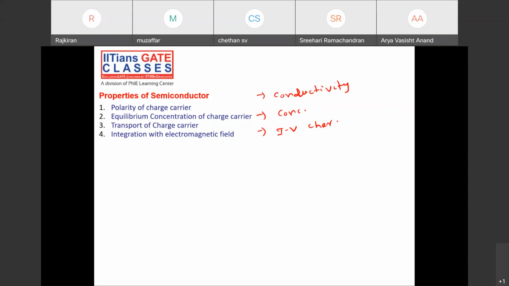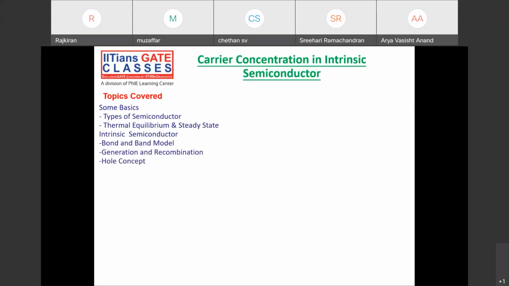How are electrons and holes transported? If you apply voltage, how will the current flow? And if it is under the influence of light, how will it perform? If you understand all these things, you can use the device in your circuit. Clear, guys?